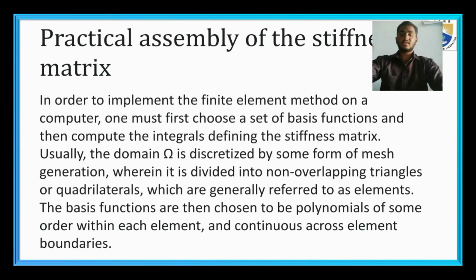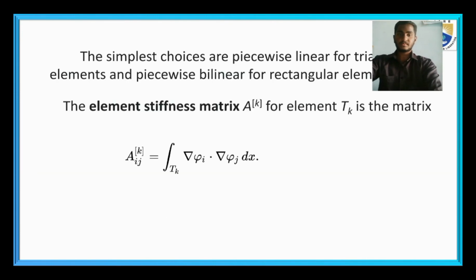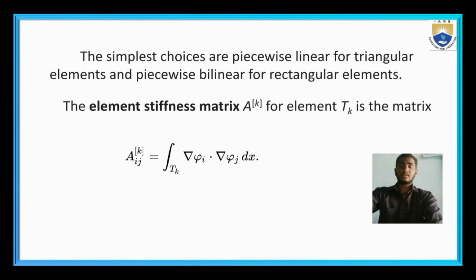The basis functions are then chosen to be polynomials of some order within each element and continuous across element boundaries. The simplest choices are piecewise linear for triangular elements and piecewise bilinear for rectangular elements.